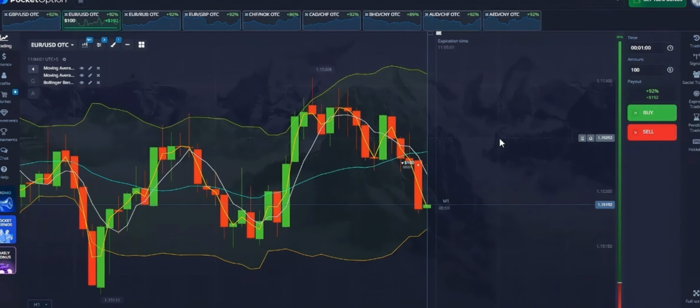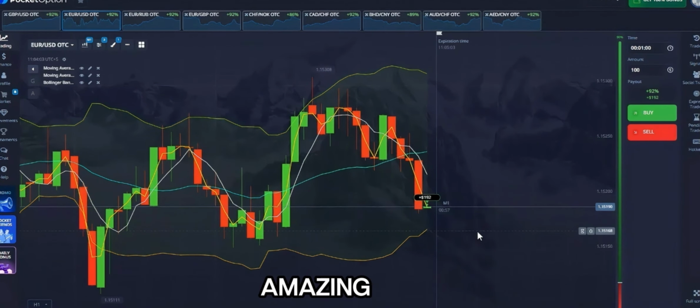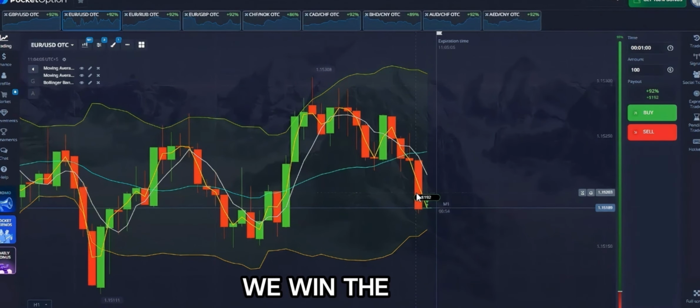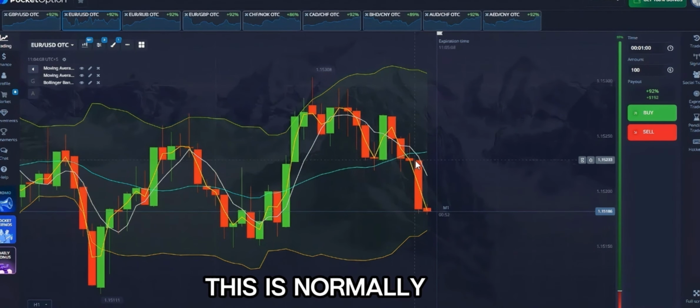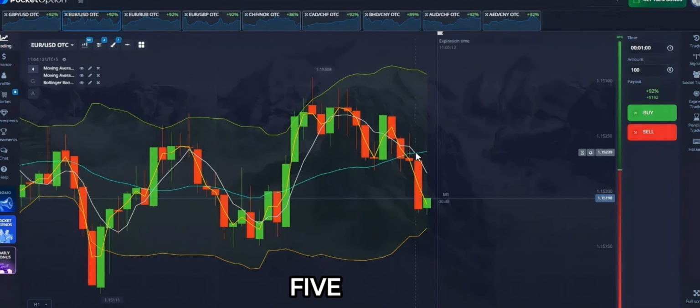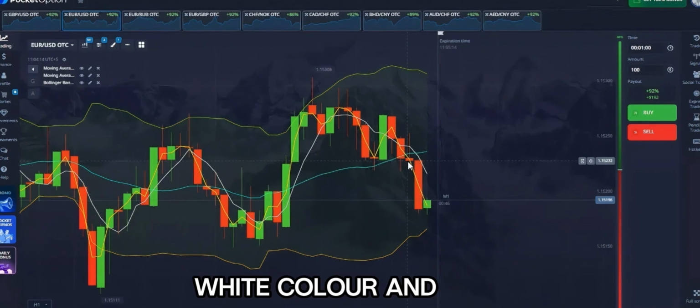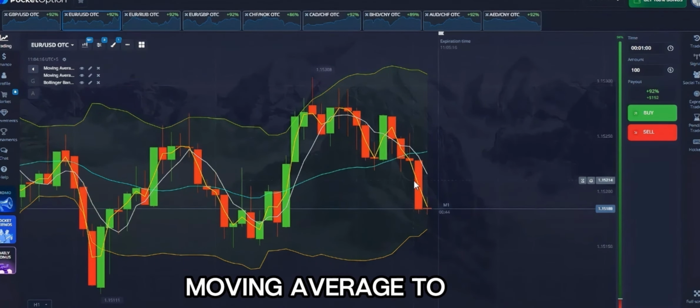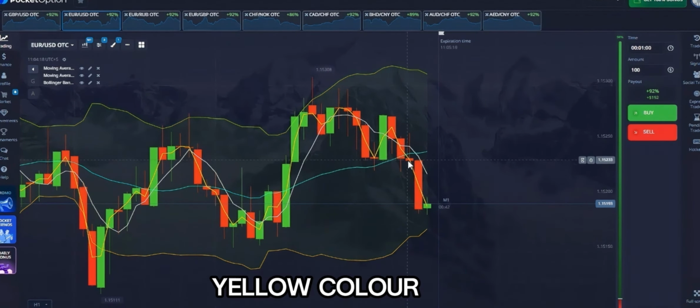Amazing, we will win the trade. This is normally a strong signal when moving average 5, white color, and moving average 2, yellow color, cross the Bollinger Band line.